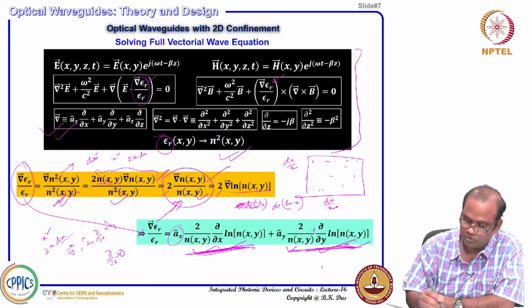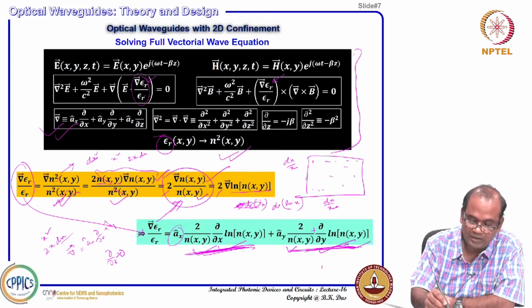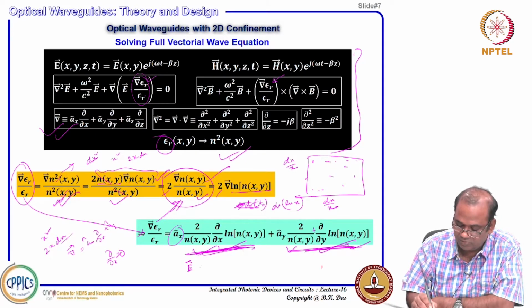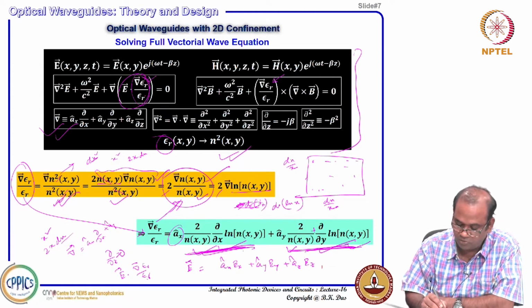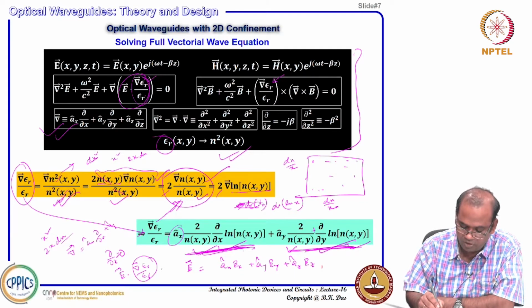I can insert this directly here. So I have the x component, y component, and then E, for example, is ax ex plus ay ey plus ez. If I try to get the dot product of E with delta epsilon r by epsilon r, which is what we see here, this has only an x component and y component, while E has x, y and z components.